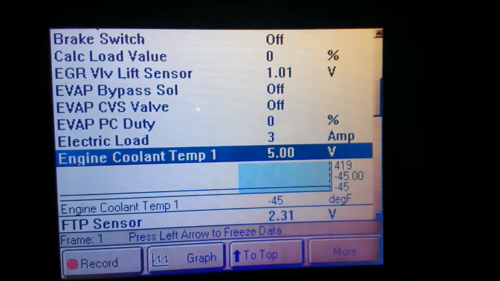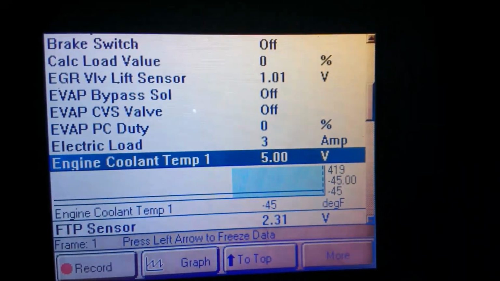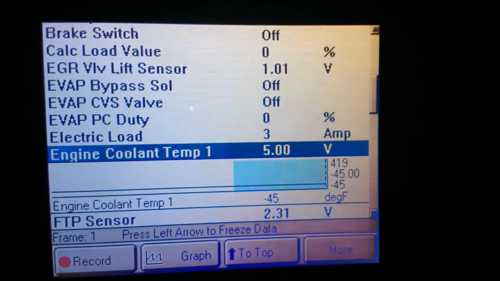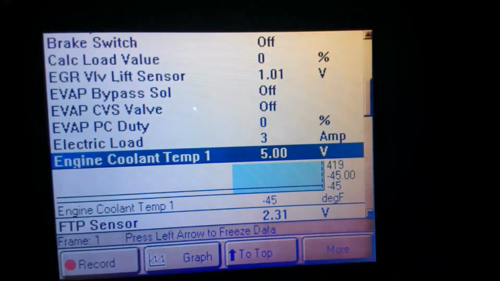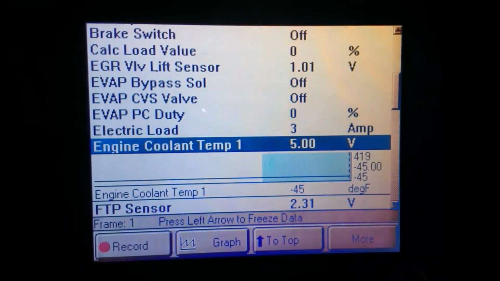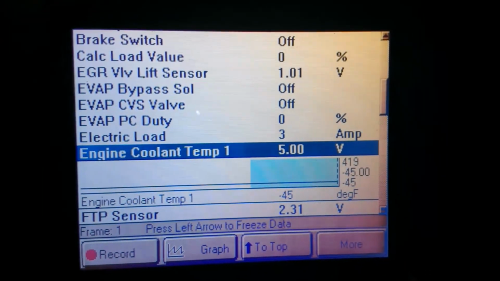We did pull the sensor out and we tested the resistance on it. Resistance was about 30 ohms when it should be a lot higher than that. So that tells us we have a bad sensor, so if we replace that sensor, everything should be working.